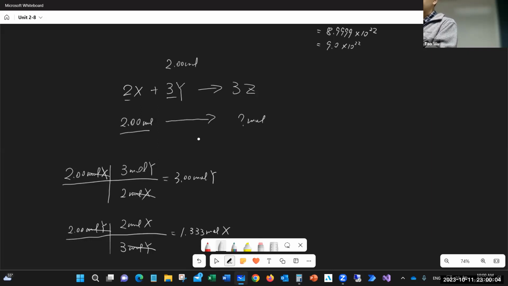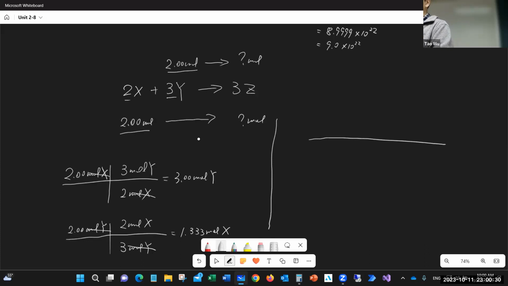And the other assumption is, if I'm using all of the Y, how many moles of Z can we produce? So now we're using the same reactants to figure out the product, which is the same product. Okay, so let's look at that. This is my way.